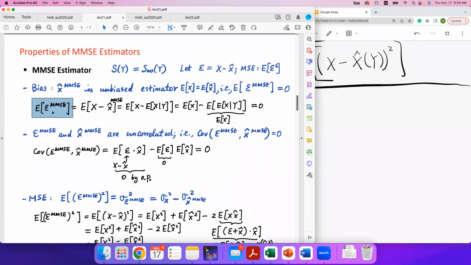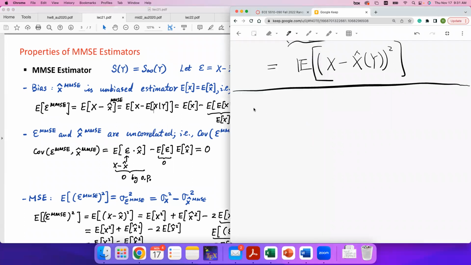The expectation of this epsilon, where epsilon is defined as x minus your estimator. Now we take expectation. We know that this MMSE estimator is given by this conditional expectation, the expectation of x given y. So this is our estimator.